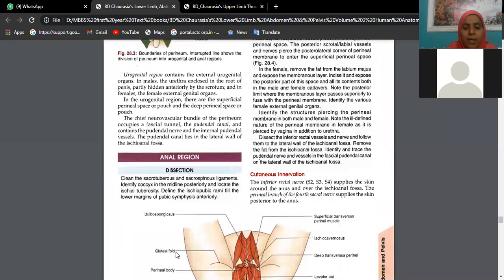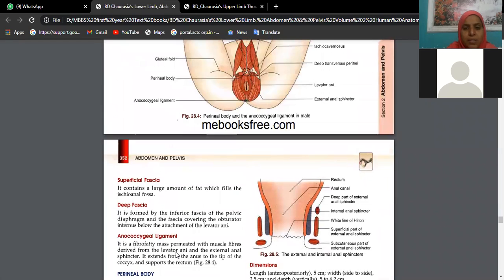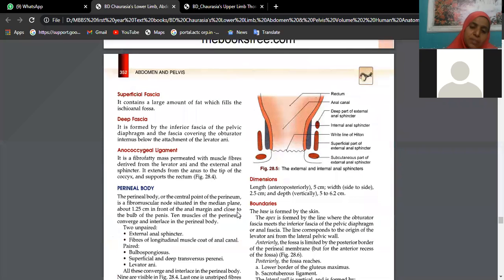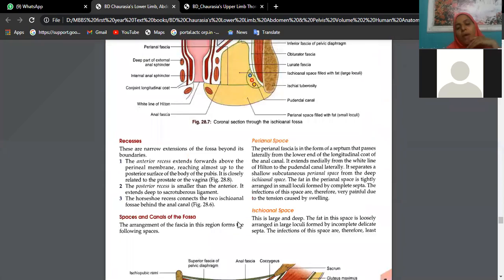All are paired except the ones in the midline. This is bulbospongiosus, this is superficial transversus perineae, two in number. If you remove deep transverse perineae, this is all levator ani. You also have external anal sphincter.